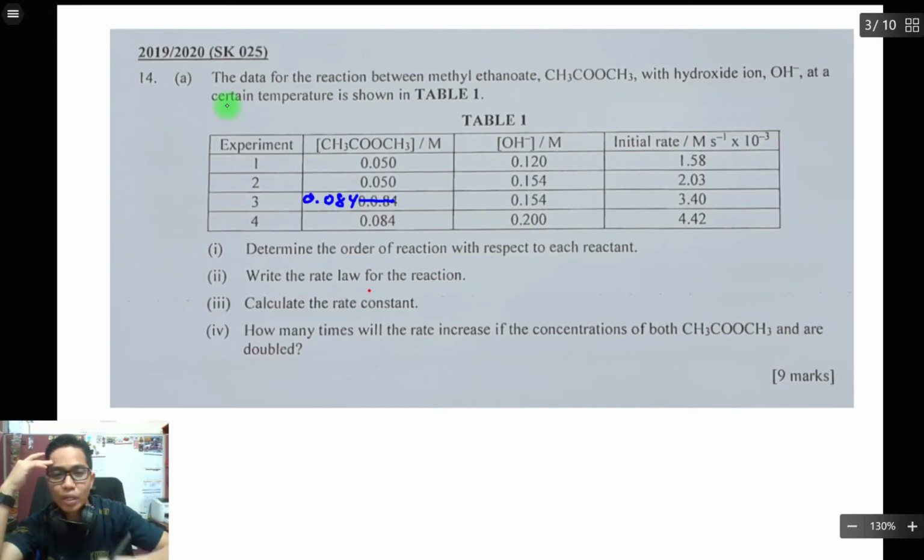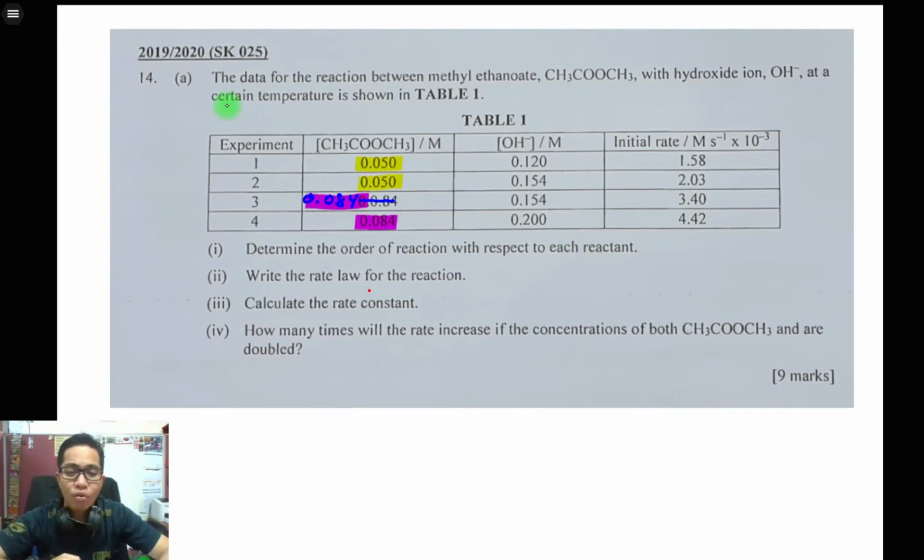So let's look at our data. The first part, 0.05 is similar to 0.05. Option 1 or option 2, 0.084 and 0.084. To get the order of reaction for reactant OH minus, you can choose either between experiment 2 and 1 or between experiment 3 and 4.